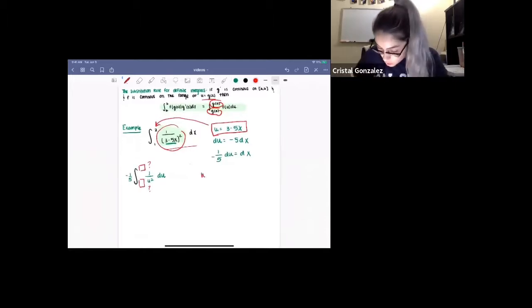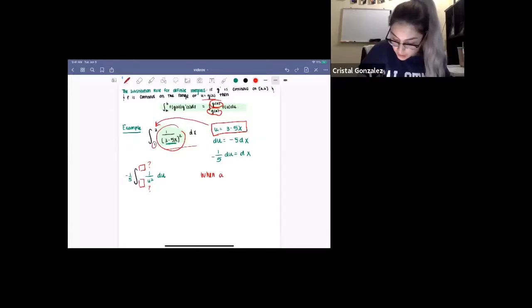Remember this is a to b. When a was equal to 1, this was our x value that was equal to 1, so we say u equals 3 minus 5 times 1.